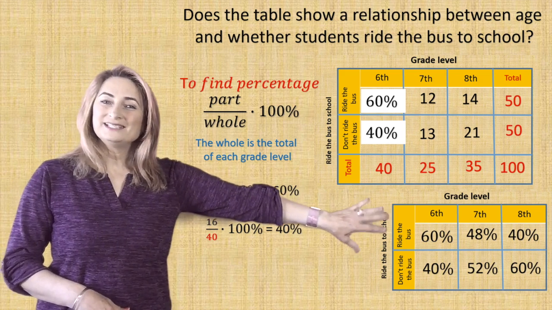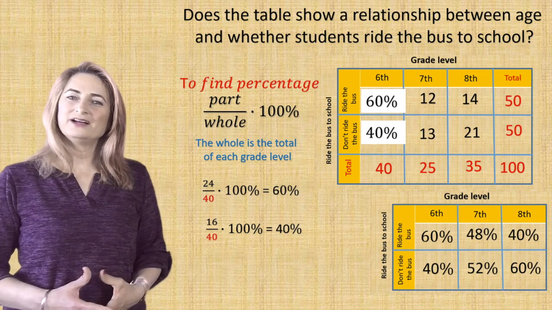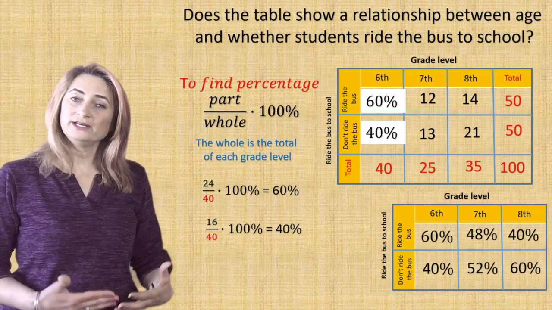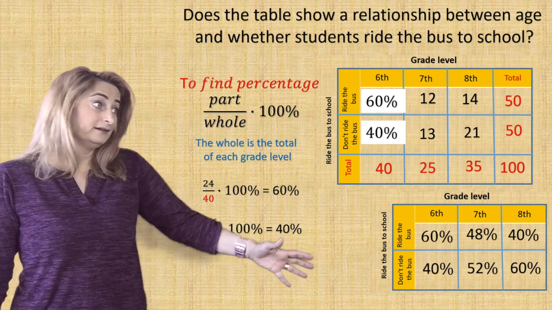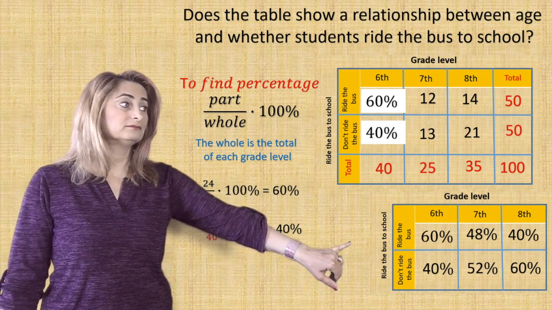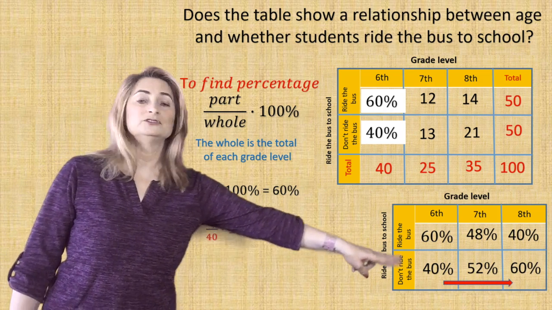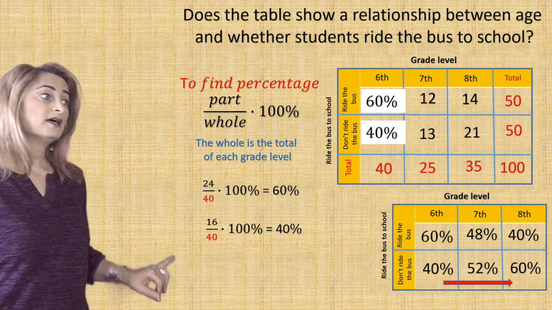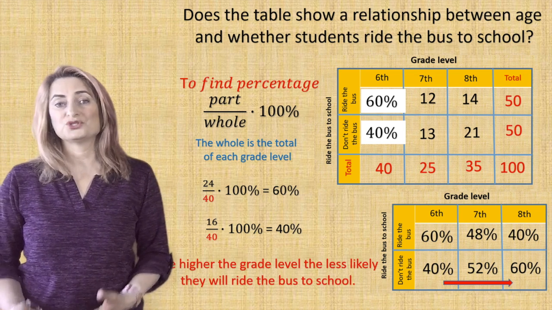Now look at the table filled out with the percentages. Can you draw a conclusion? Can you find a relationship between the grade level and whether they ride the bus to school or not? I can look at the percentage of those who do not ride the school bus. It goes from 40 to 52 to 60, which means the higher the grade level, the less likely they will ride the bus to school.